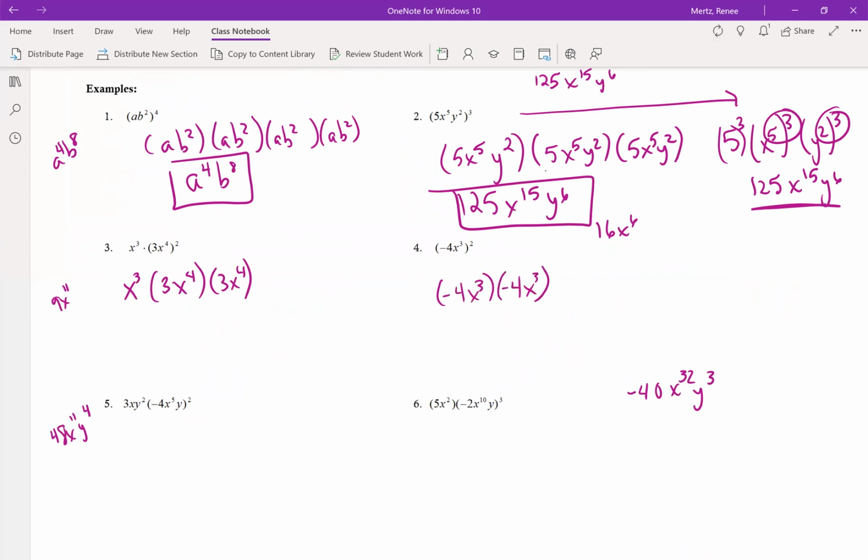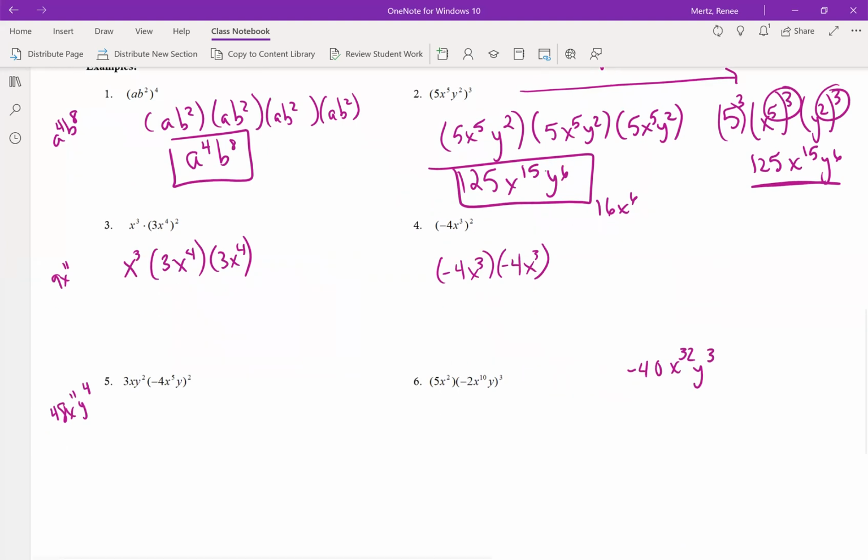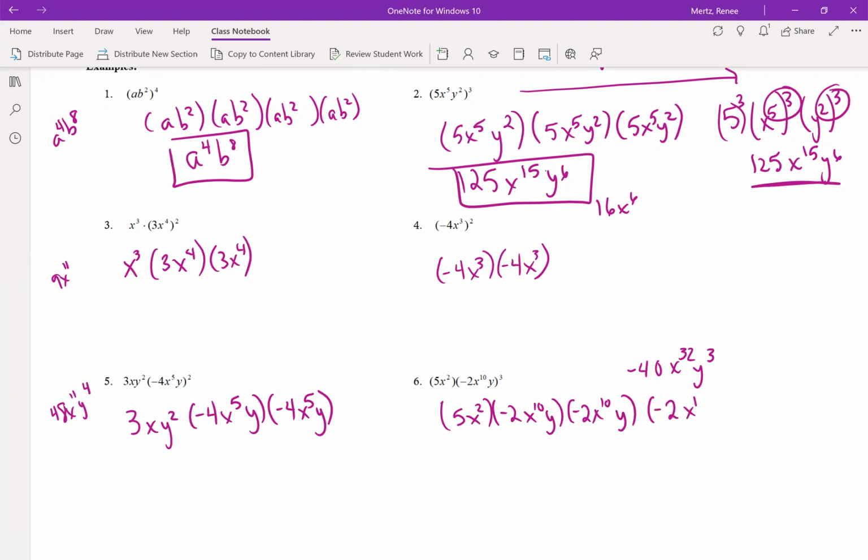So if you're asking me what I recommend, that you expand so that you can be a math superstar. After you have them expanded, it's really quick to do all the math inside there.